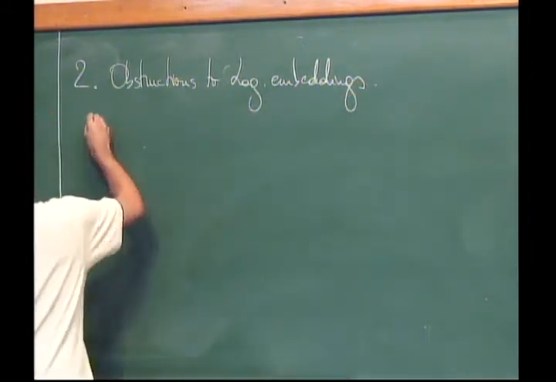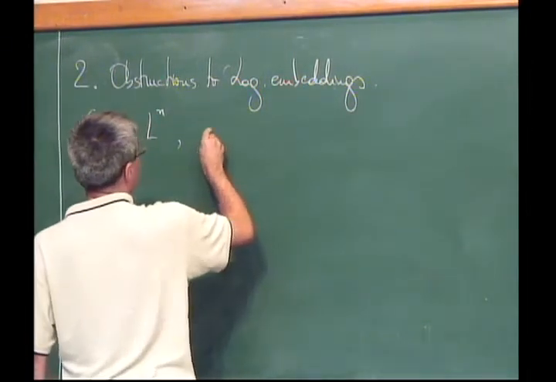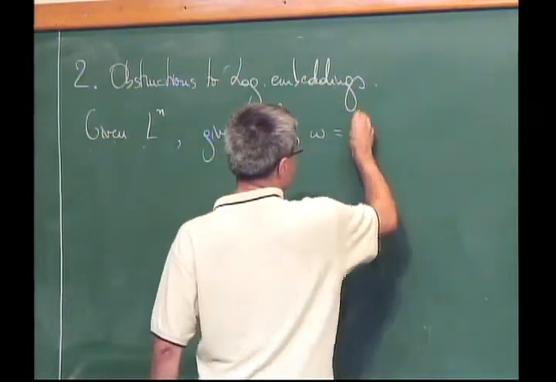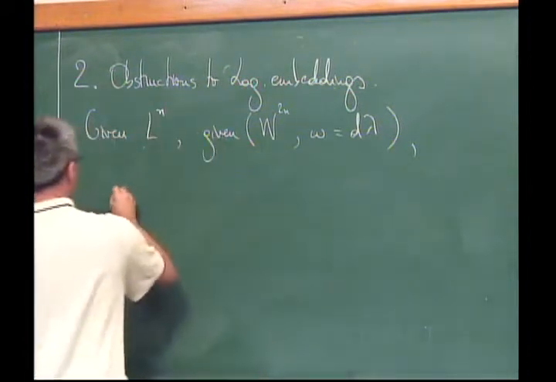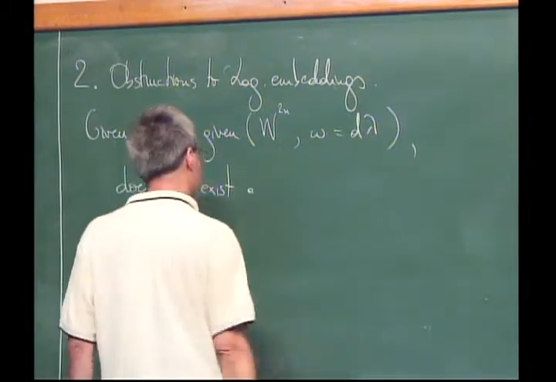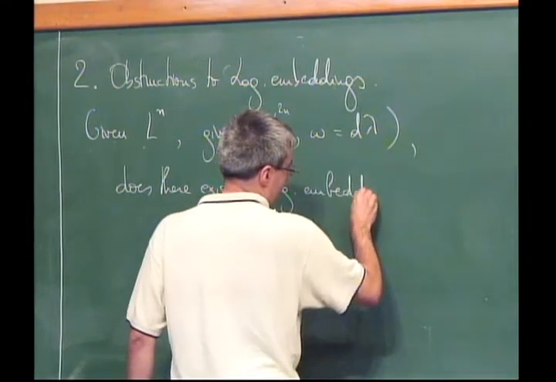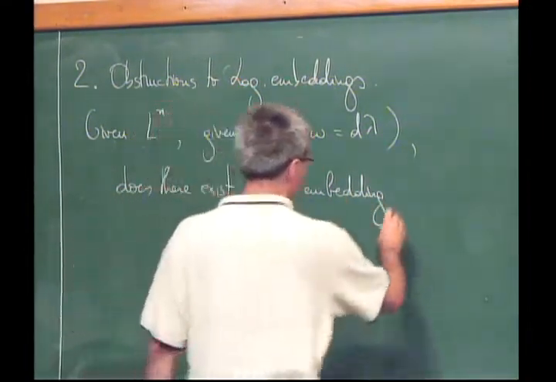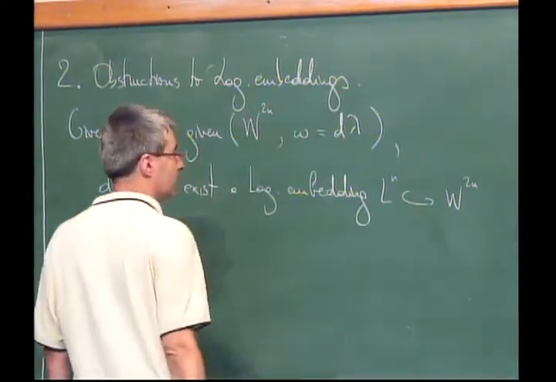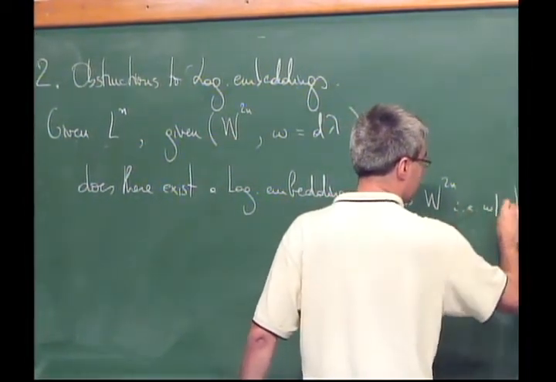So given some L, and also some symplectic manifold W, which is exact, does there exist, to begin with, a Lagrangian embedding of L into W? And this means that the symplectic form has to vanish on L.